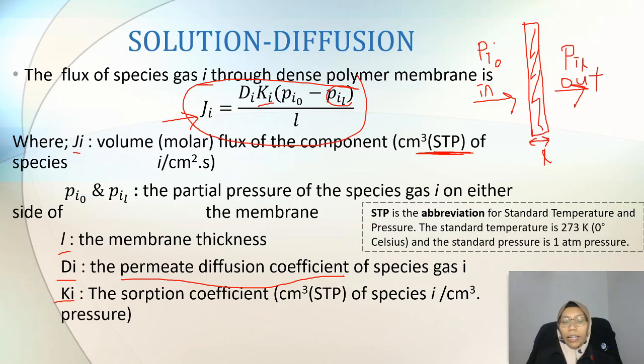Just remember that those values of Ji, Di or Ki should be at standard temperature and pressure. So what is STP actually? STP is standard temperature and pressure, where the standard temperature is 0 degrees Celsius and the standard pressure is 1 atm.